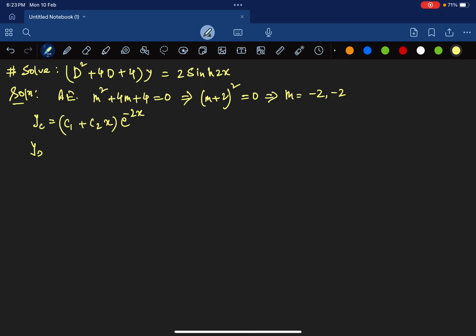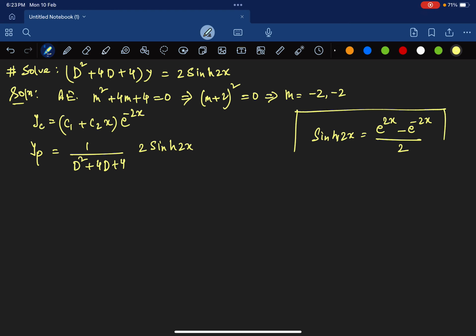Okay, now yp, what is yp? 1 by d square plus 4d plus 4, here what you have? 2 sine hyperbolic 2x. Now see, sine hyperbolic 2x, that is nothing but e power 2x minus e power minus 2x by 2.